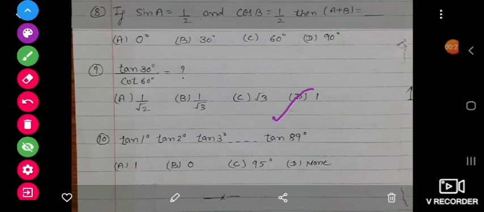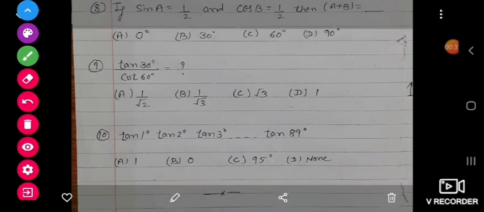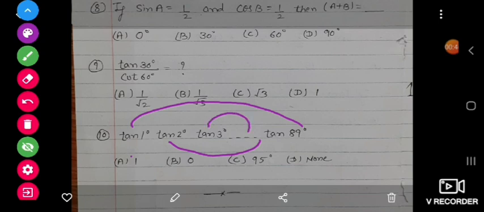Next, the 10th one. Tan 1 degree, tan 89 degree are complementary angles; tan 2 degree, tan 88 degree complementary angles; tan 3 degree also, so all are complementary angles. So it will become 1. I explain one pair: tan 1 degree into tan 89 degree.